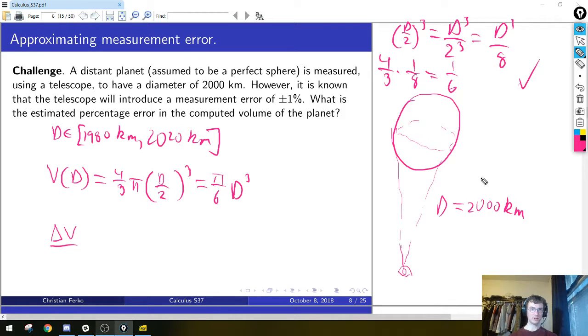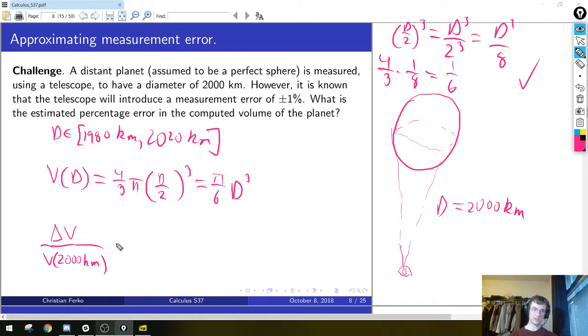Good. Okay, so as you suggested, you would find the two endpoints, the highest and the lowest this could possibly be. And since we want a percent error, you divide by the volume itself. So you would have delta V over whatever V of 2000 is. V of 2000 I don't want to plug in.